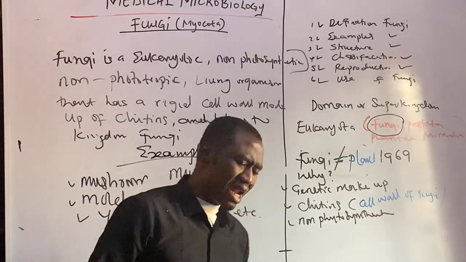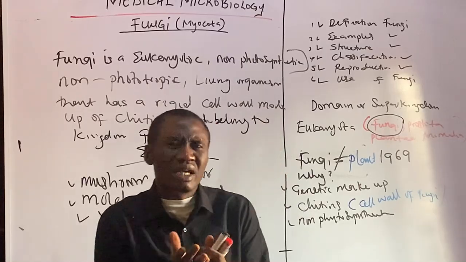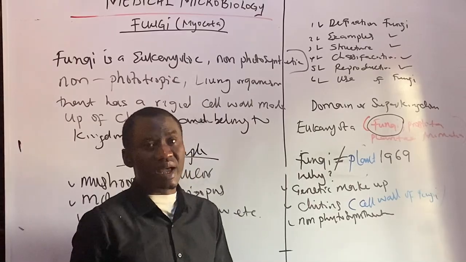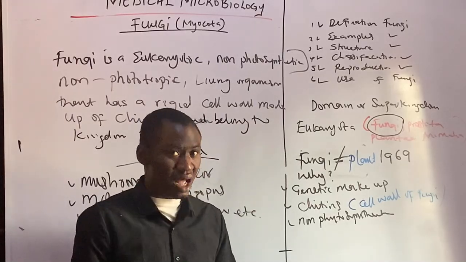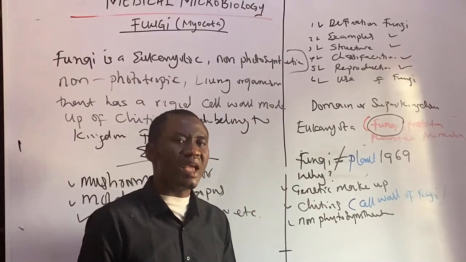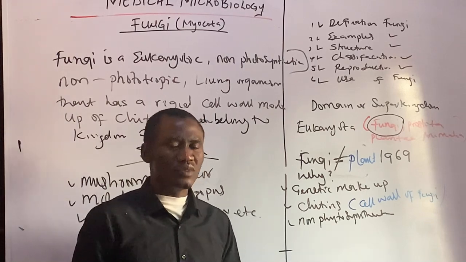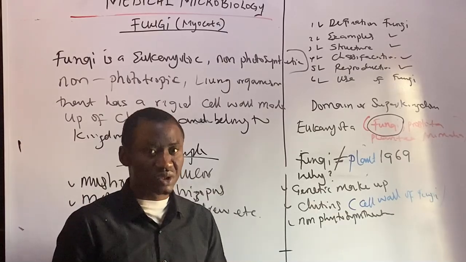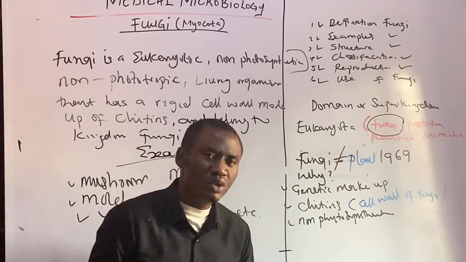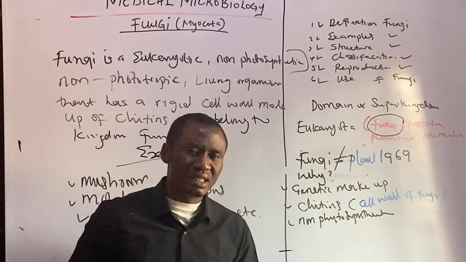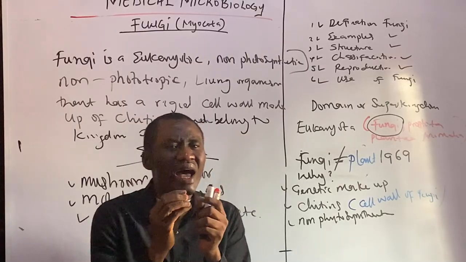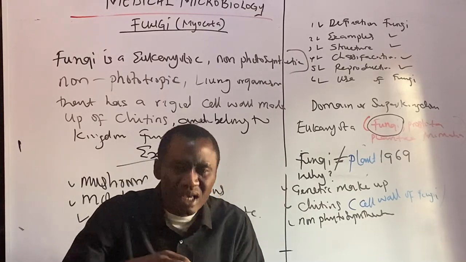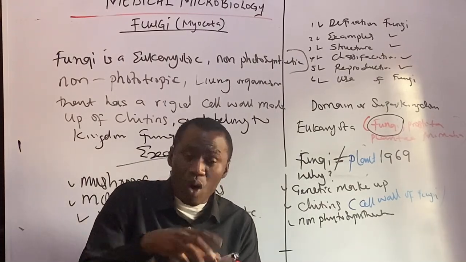A lot of those. Now, if you buy a loaf of bread and you just leave it outside for a long time, or when you cook some food and leave it for 3, 4, 5, 6 days, you begin to find a whitish, puffy appearance on that food.